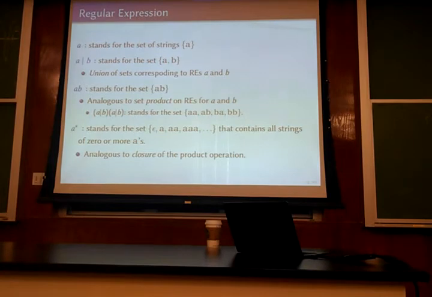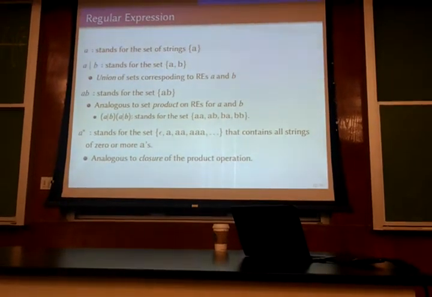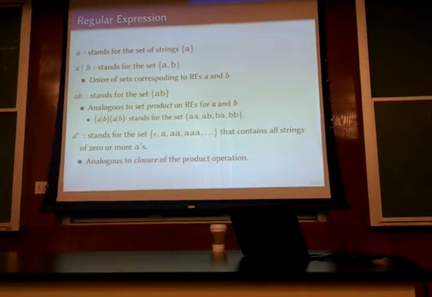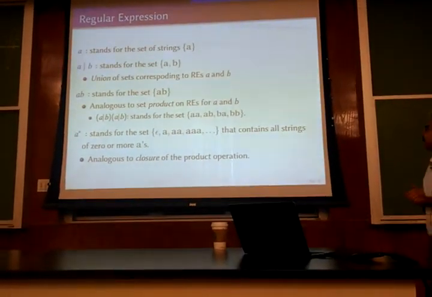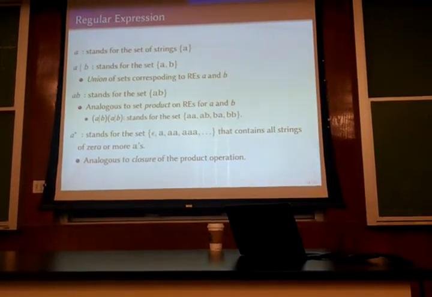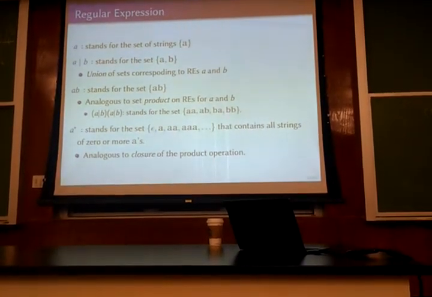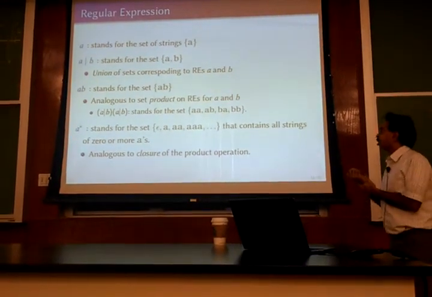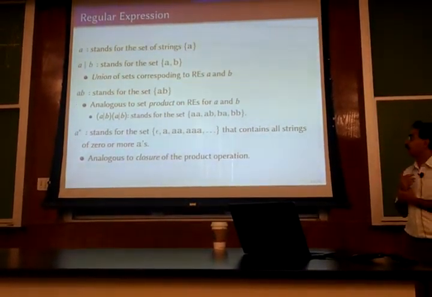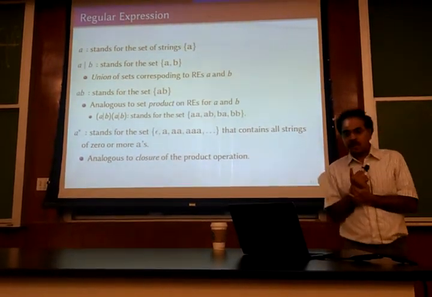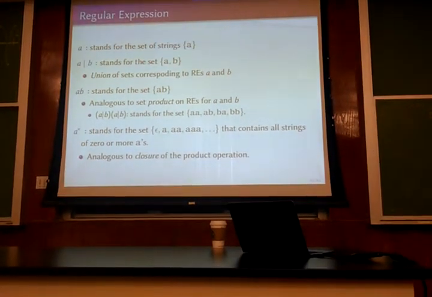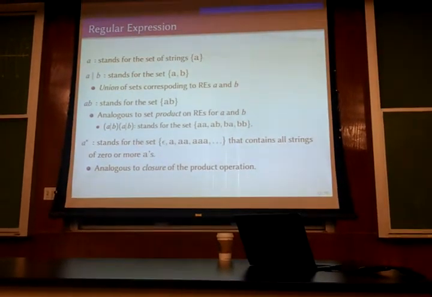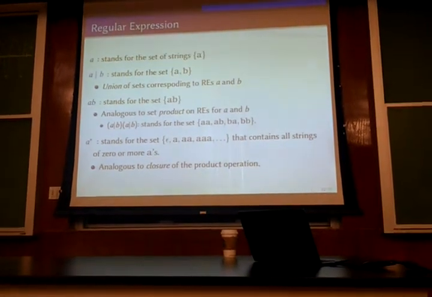Okay, so some examples. So if you say A, okay, once again, we assume in this case that the alphabet consists of 2 characters A and B. Okay, and if you just write A, then it just matches a single string A. Okay, and A or B means you can match one of 2 strings, A and B. And if you think of regular expressions in terms of the set of strings that they match, then the alternation operator is exactly equivalent to the set union operation.